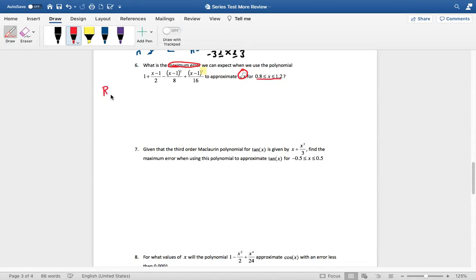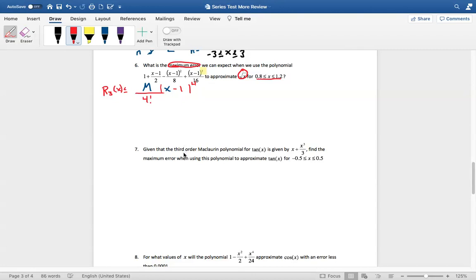So my remainder bound after using the third order polynomial is less than or equal to some mysterious M over the next factorial, times x minus my center. What's my center? -1, good. And then this is the x that they want me to approximate, to the next power.